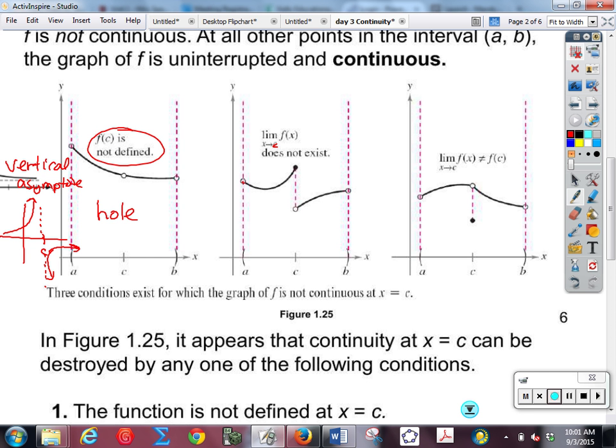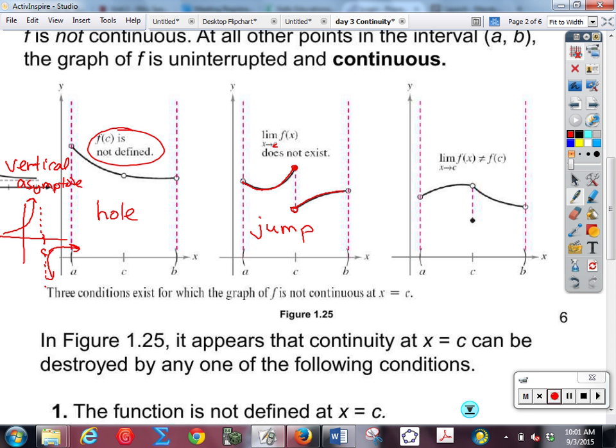So from the left it equals this point, the limit from the right equals this number. But today you don't have to say that the limit of f of x as x approaches C does not exist. Today you can just say, if you want, that it jumps. So the reason it's not continuous is because it jumps to another point.